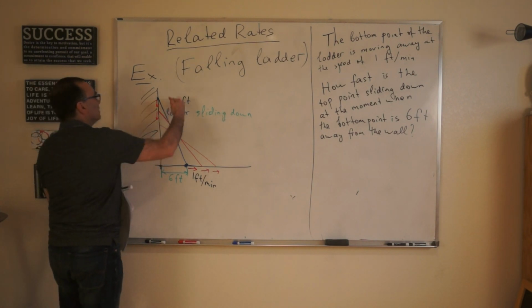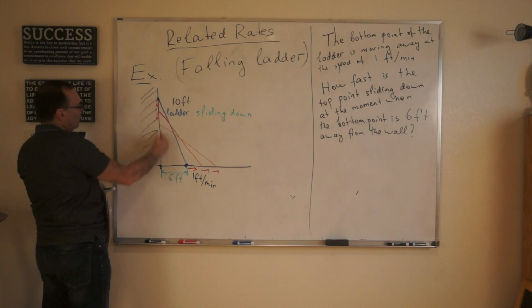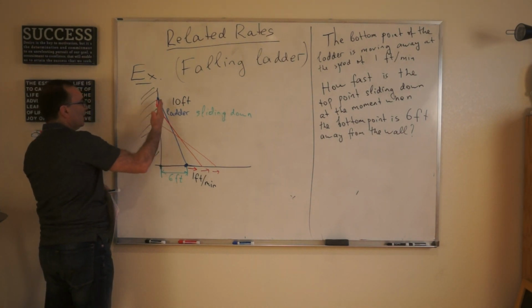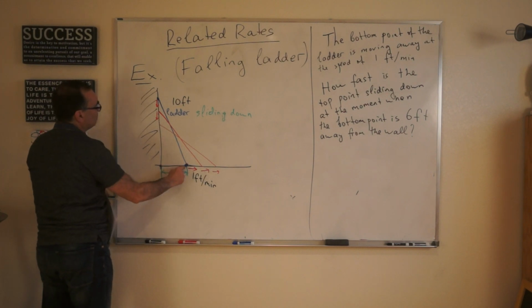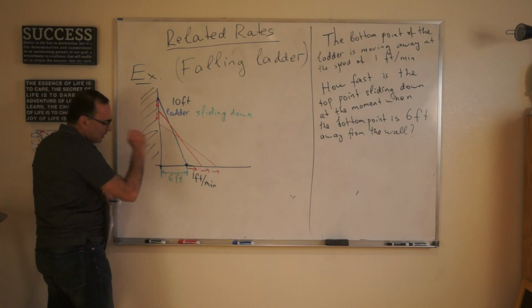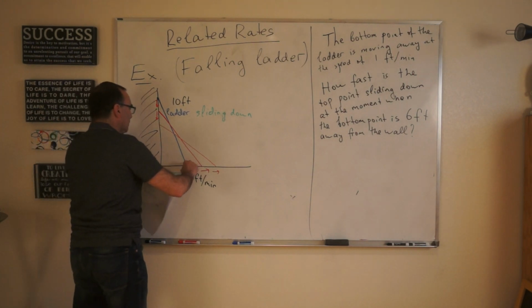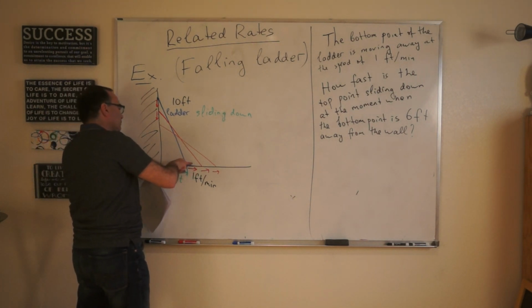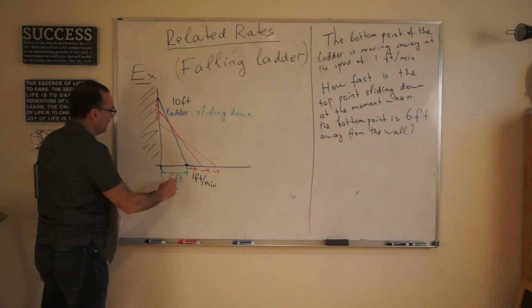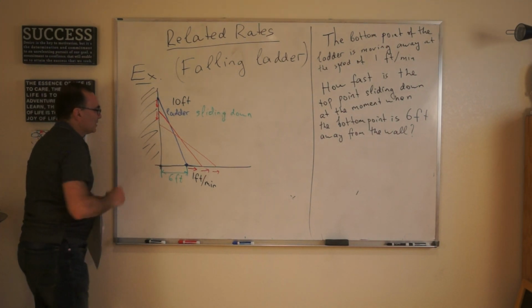Before that, the ladder was closer to the wall, and so this distance was smaller than 6 feet. As it slides down, the bottom point moves away. At a certain moment of time, it will be exactly 6 feet, and after that, it will be further away. So there is only one specific moment of time when this distance is exactly 6 feet.